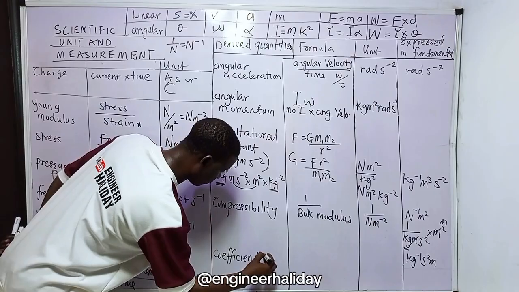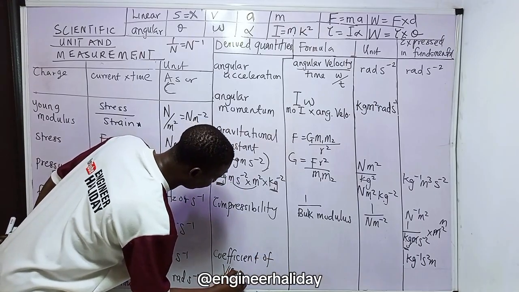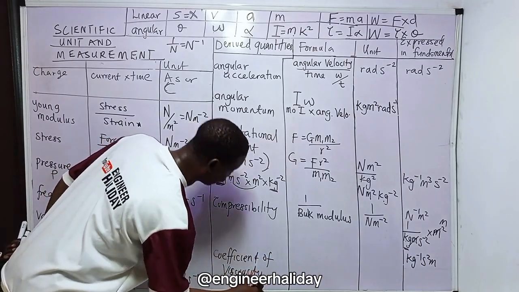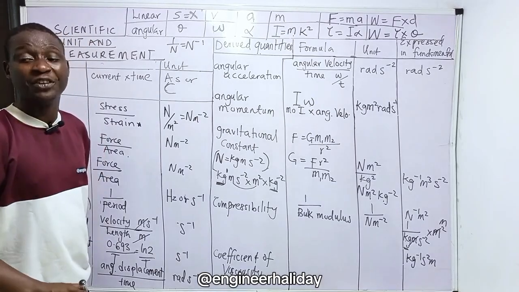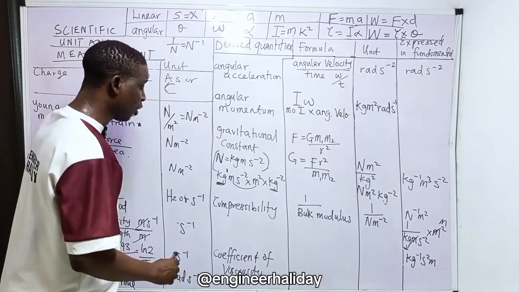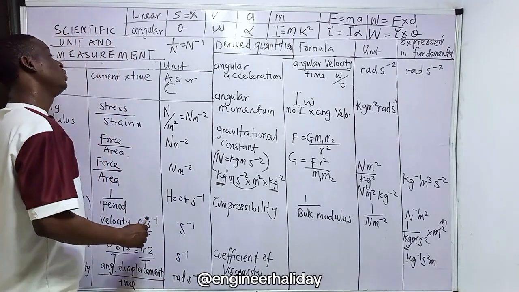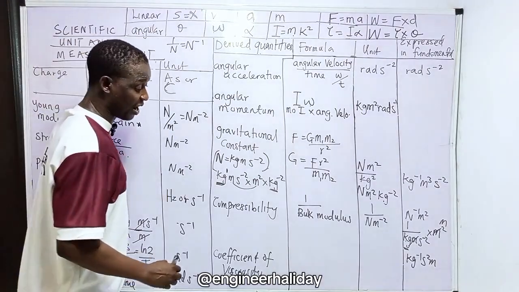Coefficient of viscosity. Don't forget, there are coefficient of viscosity and coefficient of friction. Coefficient of friction does not have a unit. Coefficient of friction is mu, which is frictional force over normal reaction.